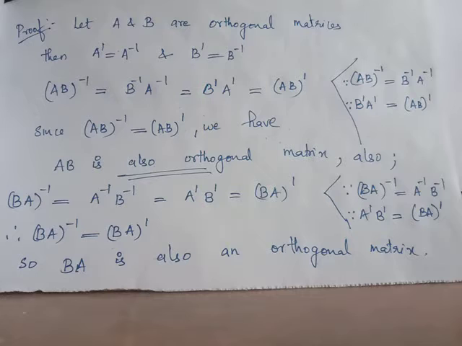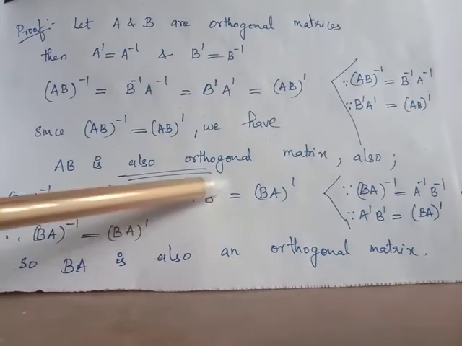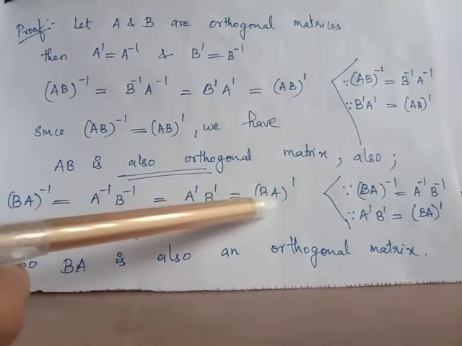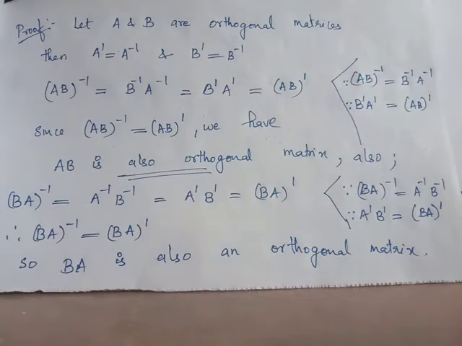If you take the other product, that is, instead of taking the product as AB, if you take BA, let's see what happens. When you evaluate BA the whole inverse, you get A inverse into B inverse. Again, you can replace A inverse by A transpose and B inverse by B transpose. A transpose into B transpose can be replaced by BA the whole transpose using the standard relations.